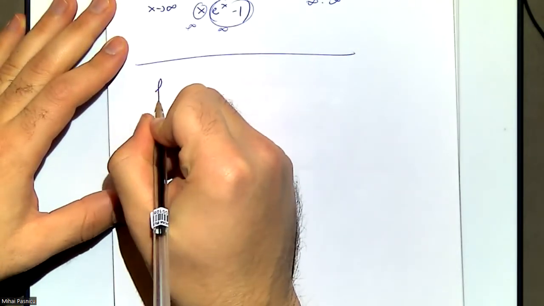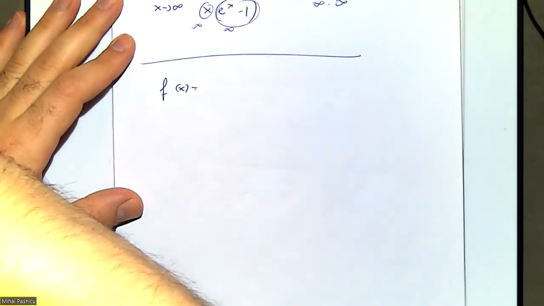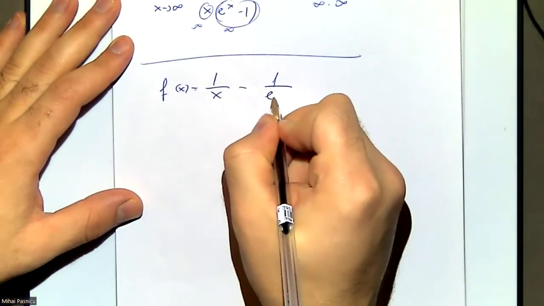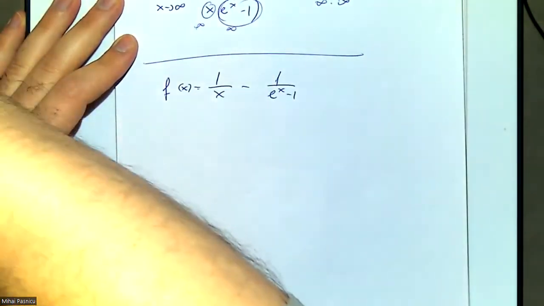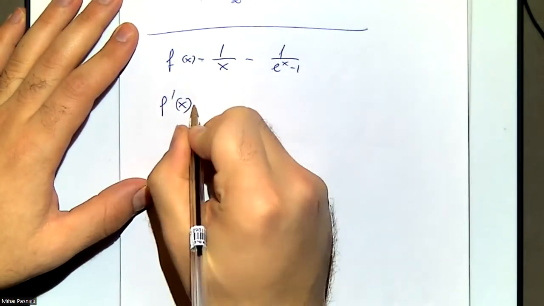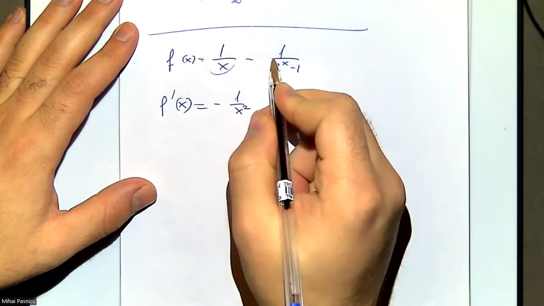Well, what is f? So f of x is equal to 1 over x minus 1 over e to the x minus 1. What is f prime of x? Well, the derivative of this is minus 1 over x squared.